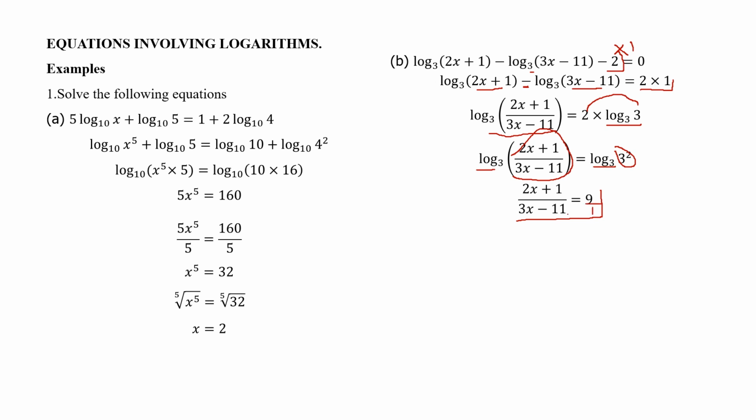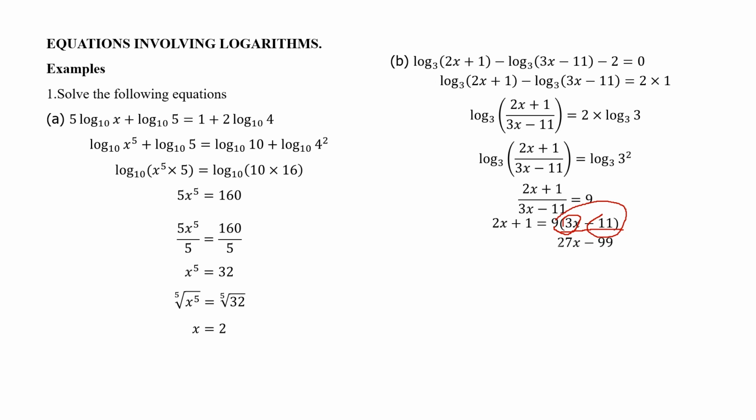Then we are going to cross multiply. When we cross multiply, the 9 multiplies the 3x minus 11. When we open the bracket here, the 9 multiplies the 3x, and also the 9 multiplies the minus 11 to have 27x minus 99.